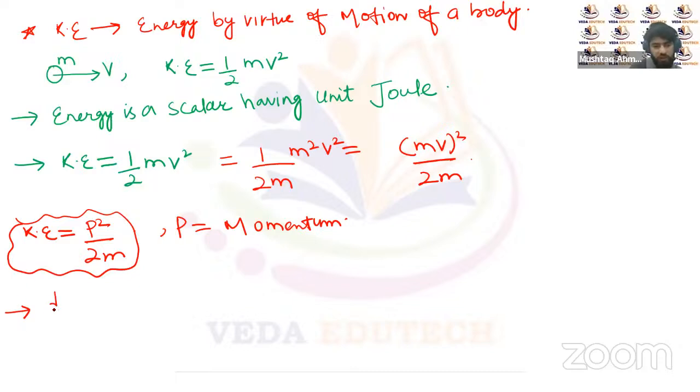So if we differentiate kinetic energy with respect to the momentum, that's dK over dp, we'll get 2p over 2m. So 2 and 2 will get cancelled. We'll be left with p over m.